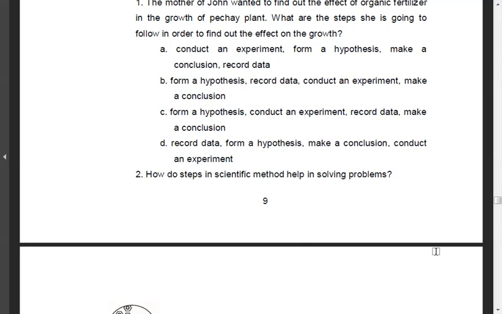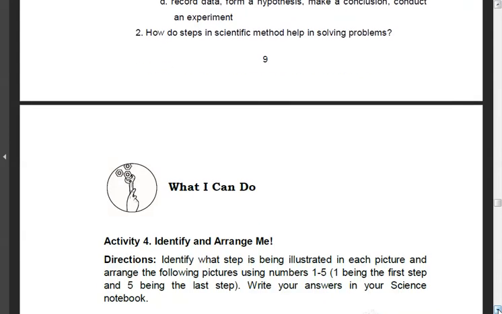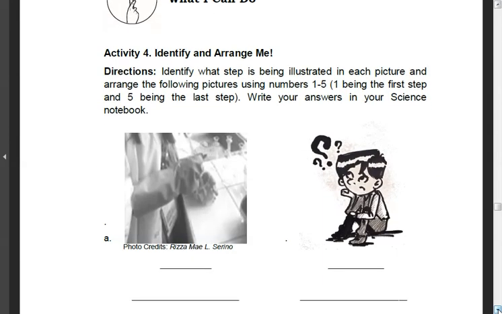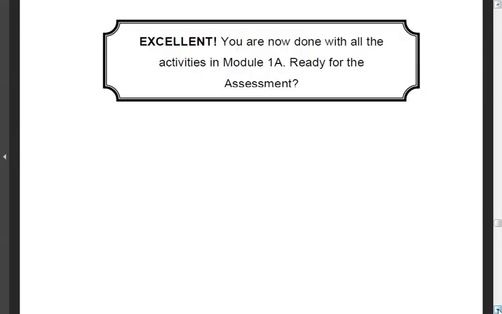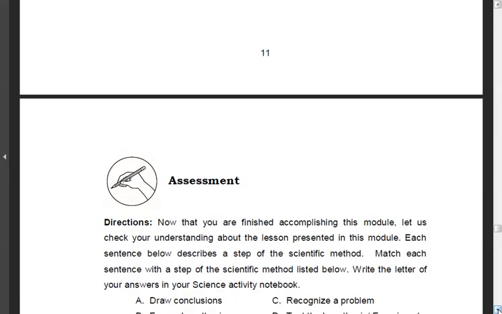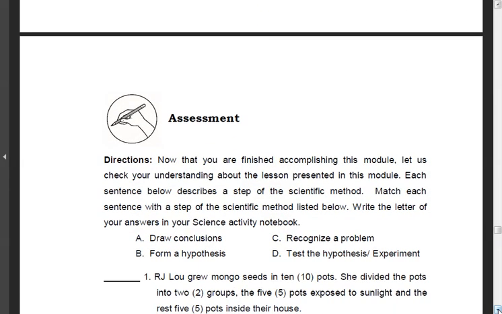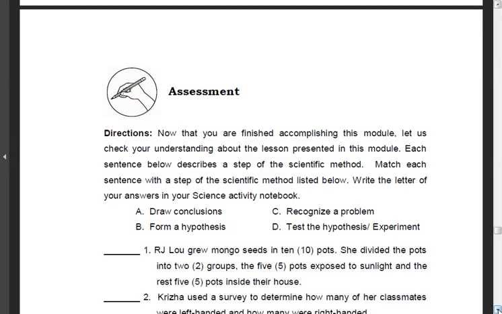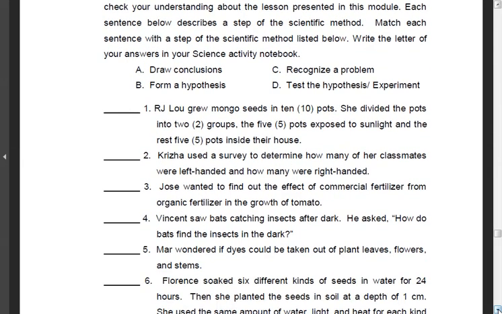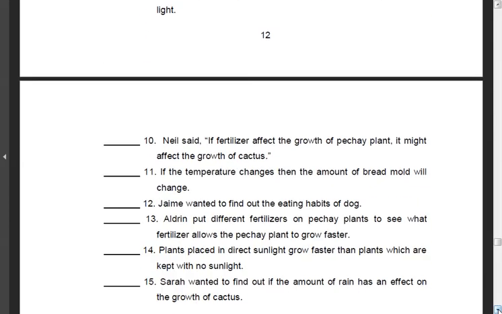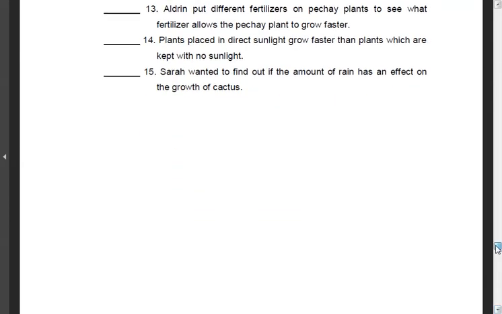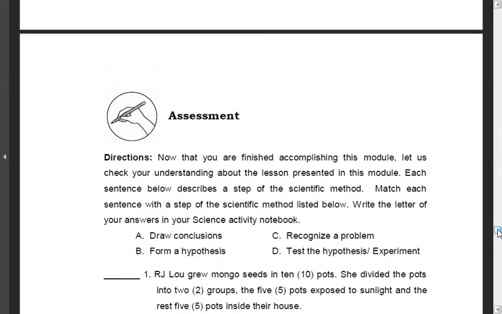After doing this, you may now continue to our assessment. Please write in your answer sheet again, Assessment, and number your papers 1 to 15. This can just be answers only.